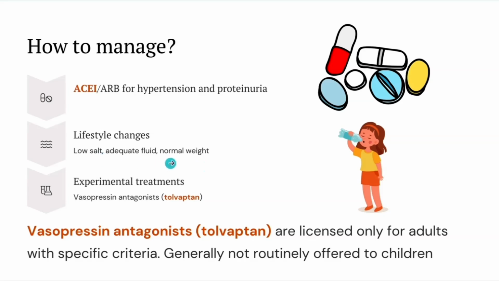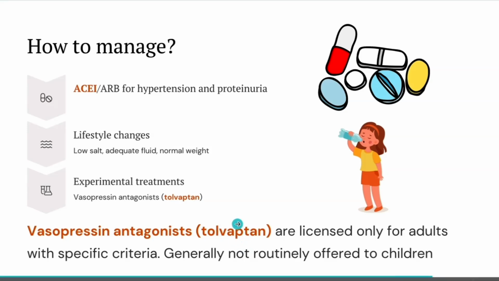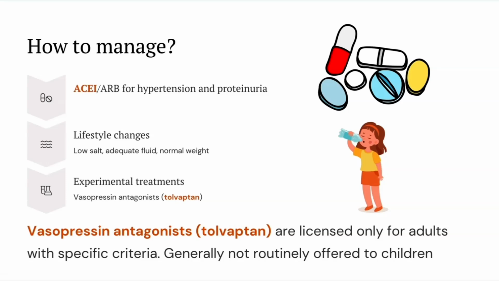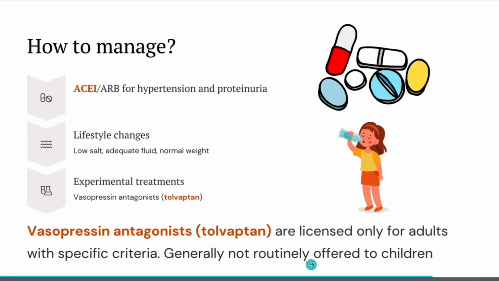These are important to protect the kidney. And there is an emerging medication, which is a vasopressin antagonist. But this medication is only licensed in adults with specific criteria and not yet licensed in children. We don't know about the future yet. It may be licensed in children later. But at this moment, generally, it's not routinely offered to children.